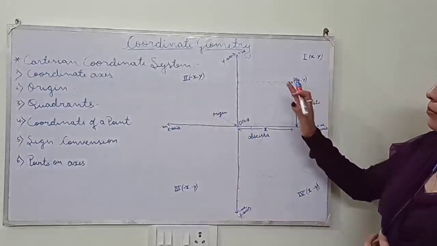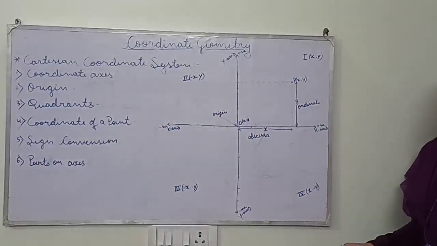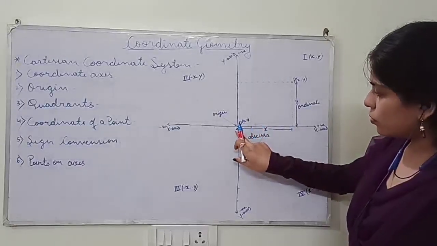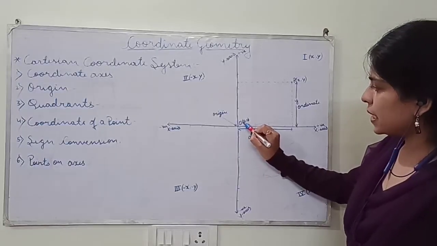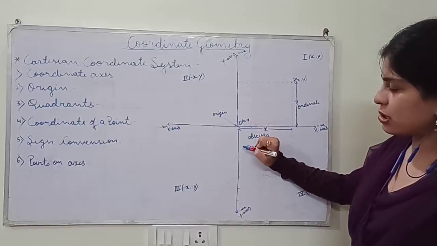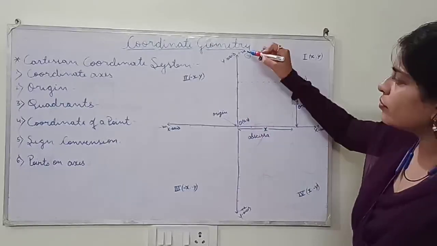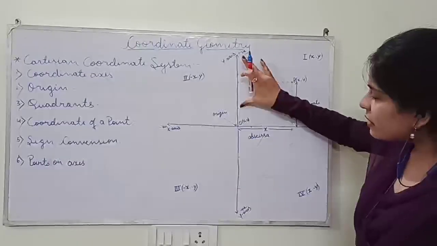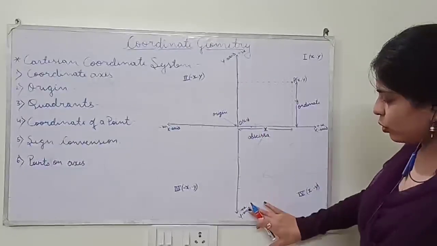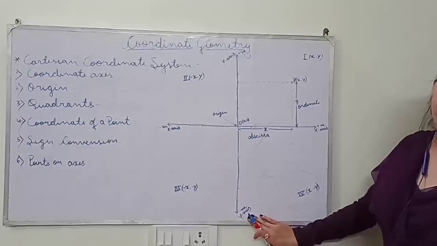Similarly it will be for the y-axis. Origin is 0, 0, which means x is 0 and y is also 0. Above the origin it will be the positive y-axis, and below the origin it will be the negative y-axis.